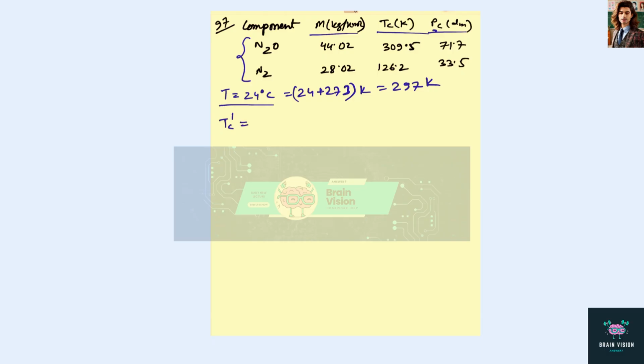Now we can calculate the pseudo-critical temperature, which is the mole fraction of one component multiplied by its critical temperature plus the mole fraction of another component multiplied by the critical temperature of that. Mole fraction of nitrous oxide is 0.1, and mole fraction of nitrogen is 0.9.